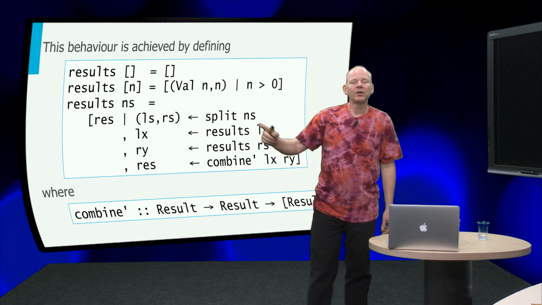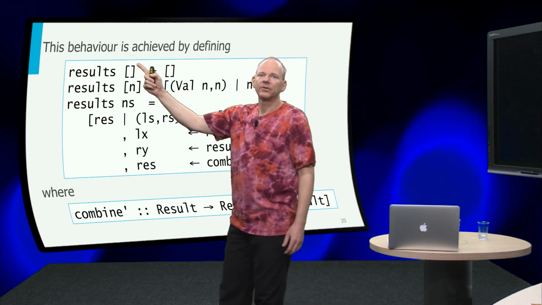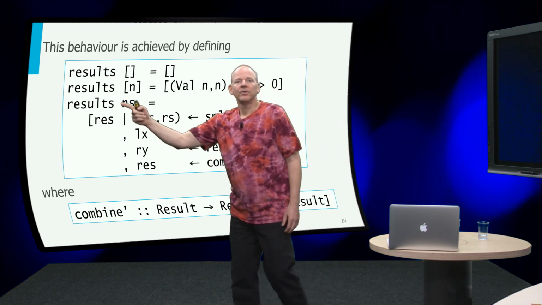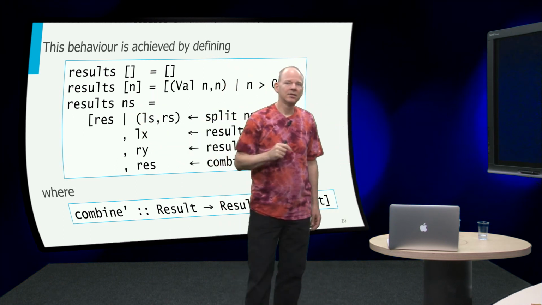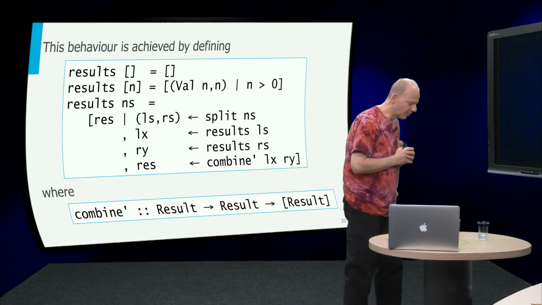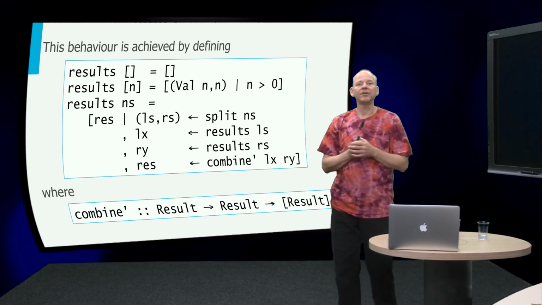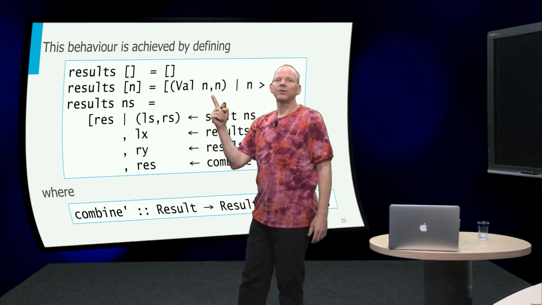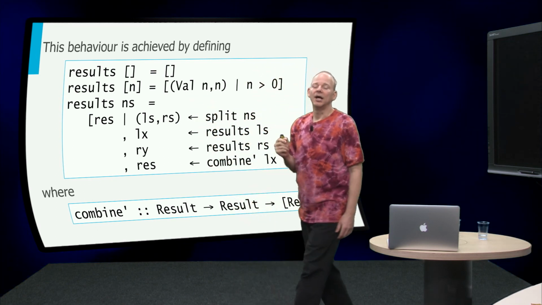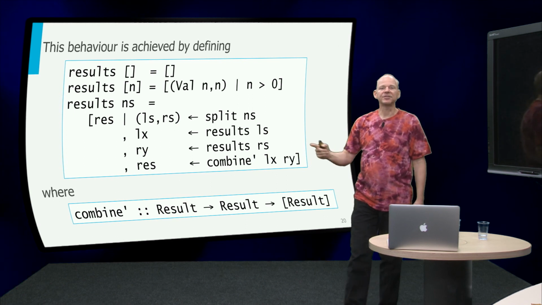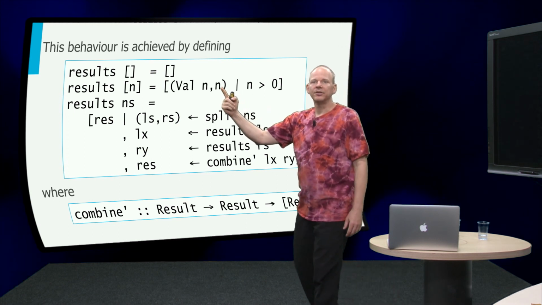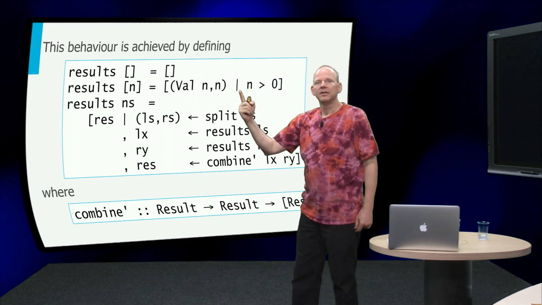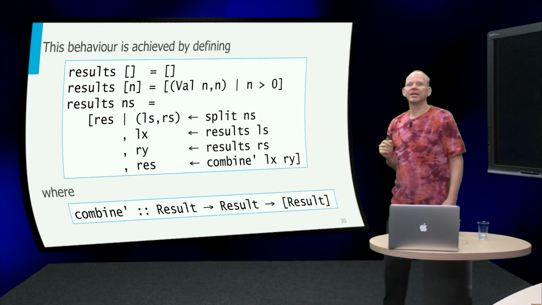If we want to find the results for the empty list, well, that's the empty list. When we want to generate the combination of expressions and their values for a single list, we do what we did before. We generate the expression, we know its value. But this is only valid, remember, when the number was greater than 0.